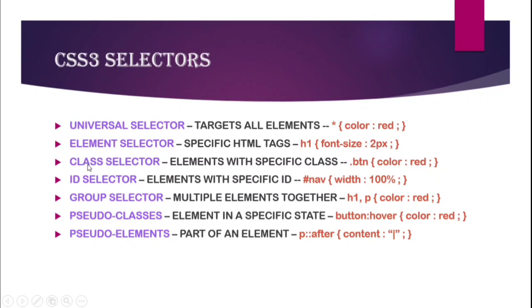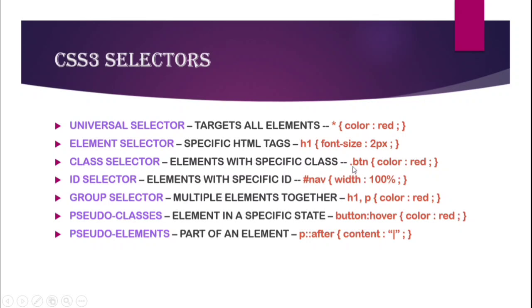Then we have class selector, elements with specific class. For every paragraph element or for every HTML element, we can add class attribute to it. Class, or you can also add ID to it. Class or ID is nothing but a name that we provide to particular HTML tags, which will be used to apply the CSS. So here the class selector, what will do is that whatever the class value that we have given to the HTML element will be called, you can see, by using the dot method.